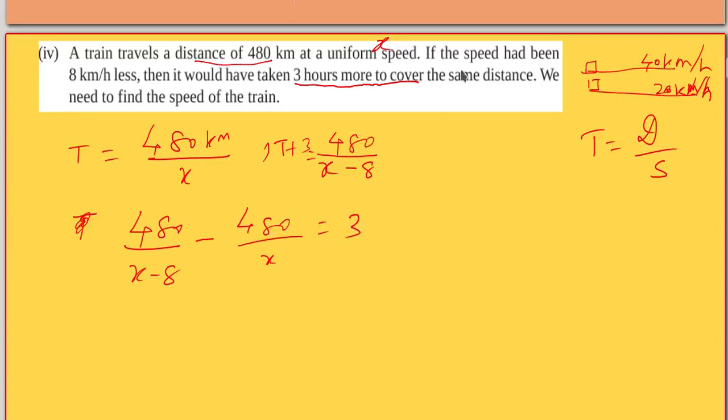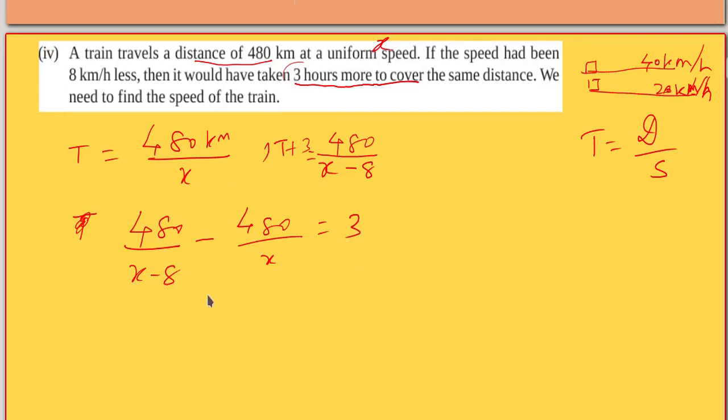To cover the same distance, 3 hours more it is taking. With the initial speed, it was moving with this much time period, so the difference in time period is 3 hours more. This is the equation we are getting.